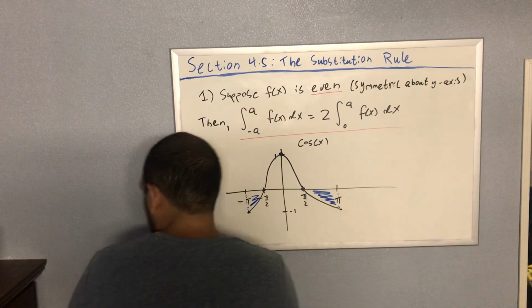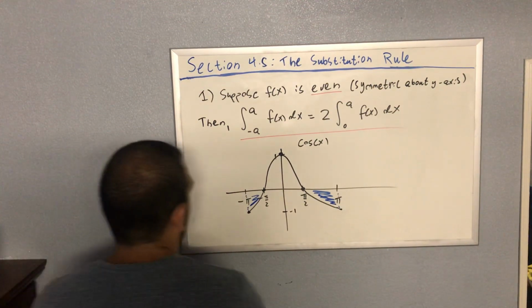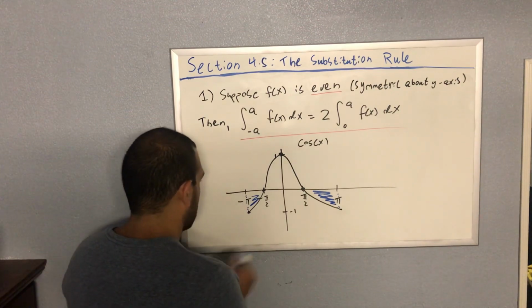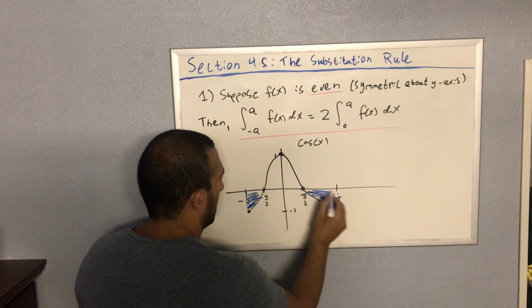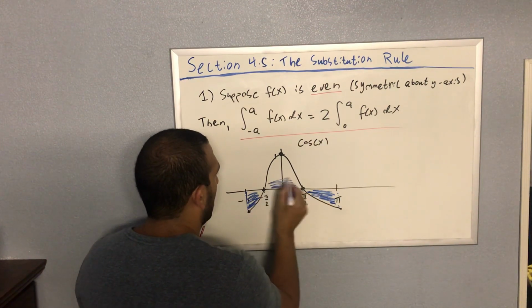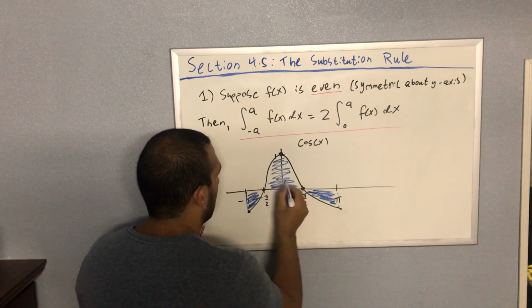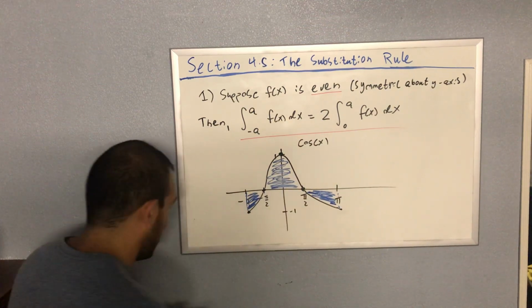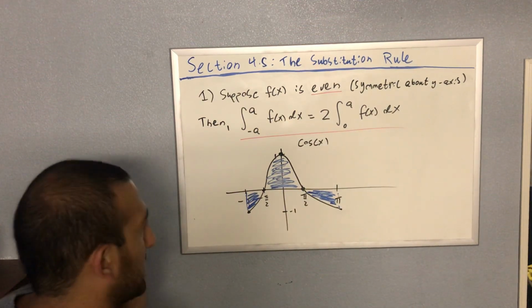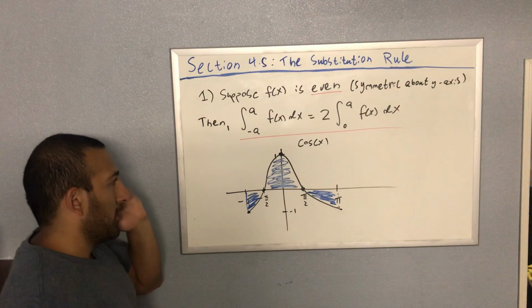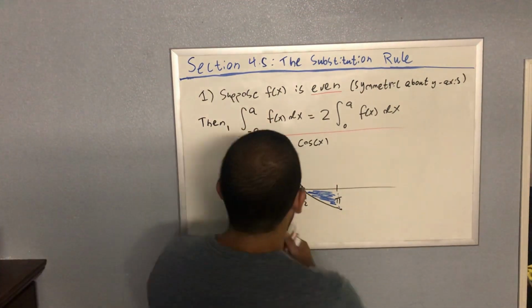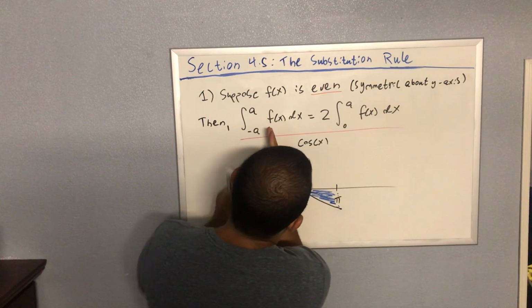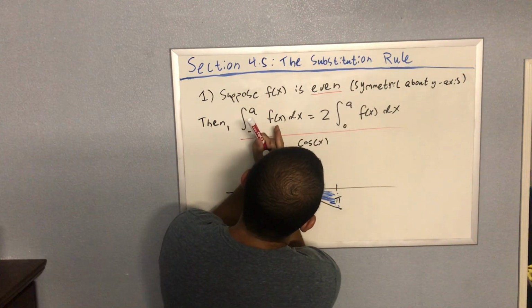So the sum of these negative areas along with the positive, so the net area that we get. What this is saying is that to find this overall area, you can just look at one half of the graph, just ignore the other half, and just double this area.